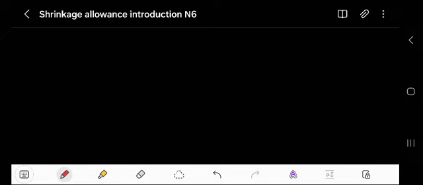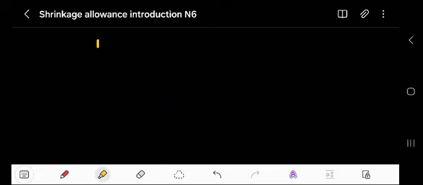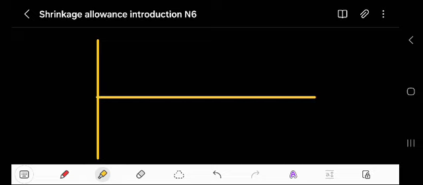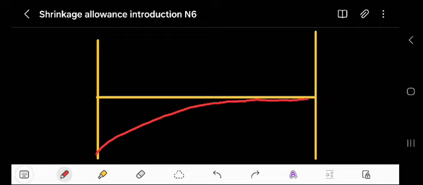What we need here is our sketch. Remember this, guys, going from here to there we'll have our hoop stress and our radial stress. It goes like that.